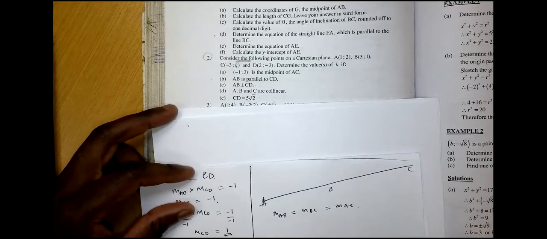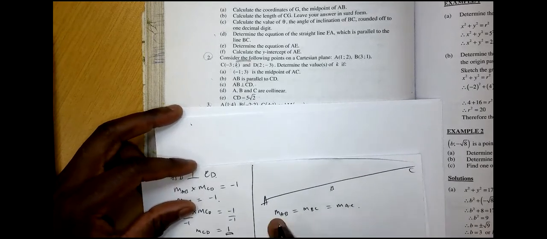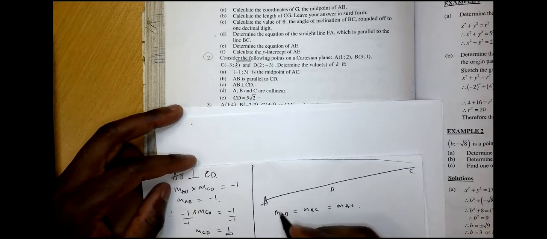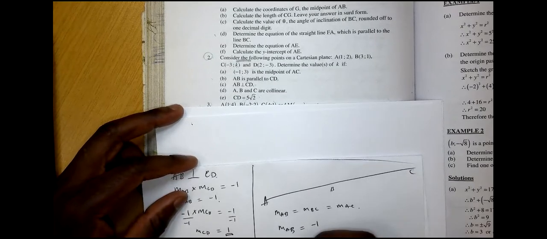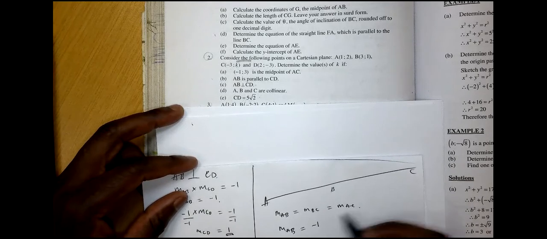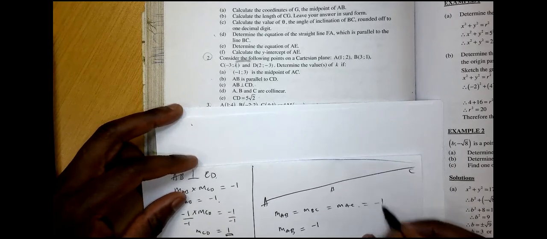So in this case, we're going to use the gradient of AB. MAB is equal to negative 1. And therefore here we're just supposed to say equal to negative 1.